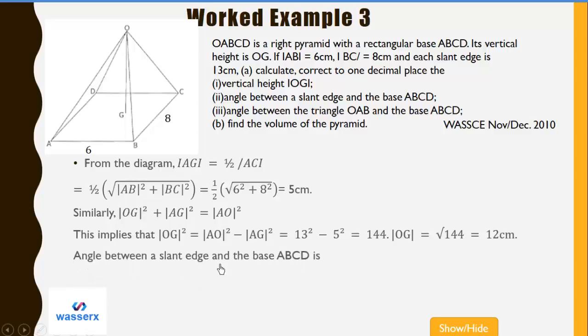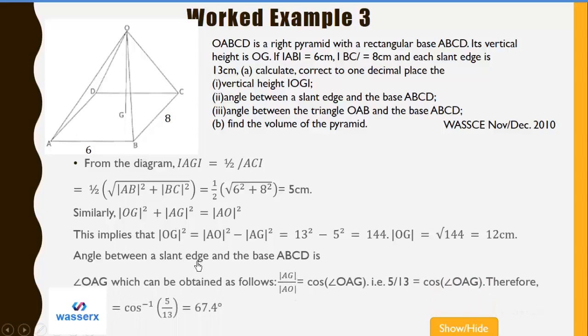Now the angle between a slant edge and the base ABCD. A slant edge and the base ABCD. Now let's take angle OAG. Angle OAG can be obtained using the ratio AG over AO.